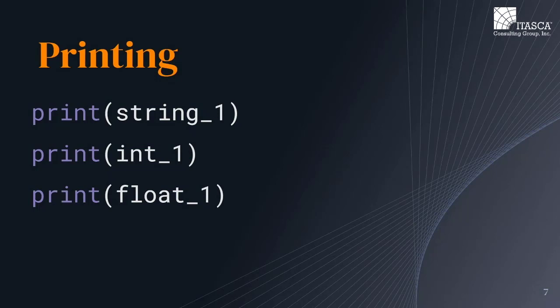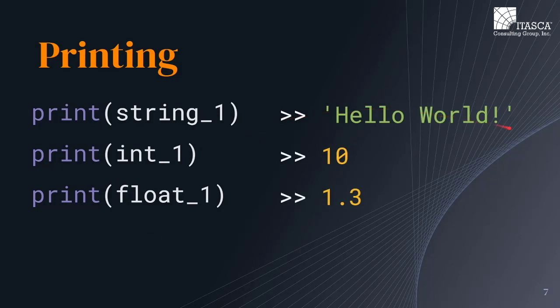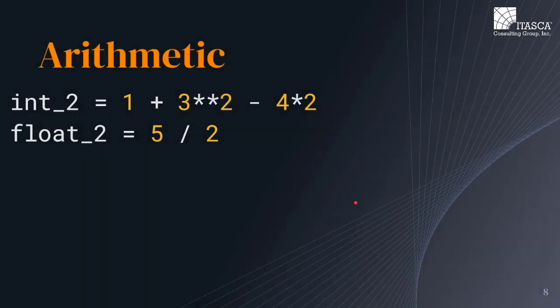Now, the print command within Python can also be used to output the contents of a variable to the standard output. So for example, if we used our previously defined variables and used this syntax to print them, we would first output hello world, since that is the data contained in string_1, followed by 10, and followed by 1.3.